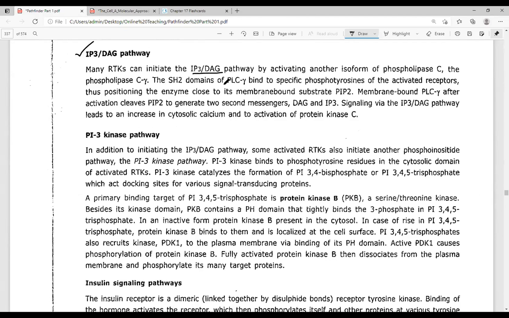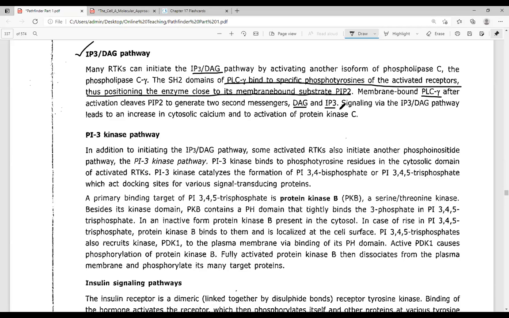Here, PLC gamma binds to a specific phosphotyrosine of the activated receptor and positions the enzyme close to its membrane-bound substrate, PIP2, phosphatidylinositol 4,5 bisphosphate. It is this PLC gamma that will cause the degradation of phosphatidylinositol 4,5 bisphosphate into diacylglycerol and inositol 1,4,5 triphosphate.